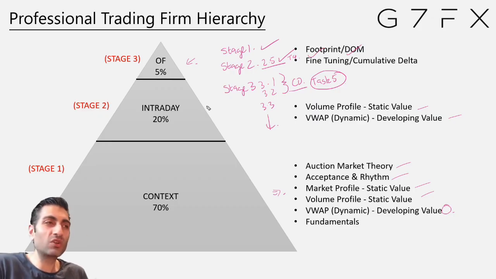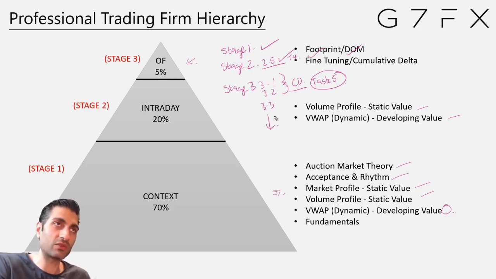You wouldn't have 5% of the understanding of what you're doing on VWAP and volume and market profile had you not done the foundation course. In the same way that the foundation is the very building blocks of stage 1 and stage 2, the footprint is the building block of cumulative delta. So hopefully that makes sense. That's why I want you to do that.